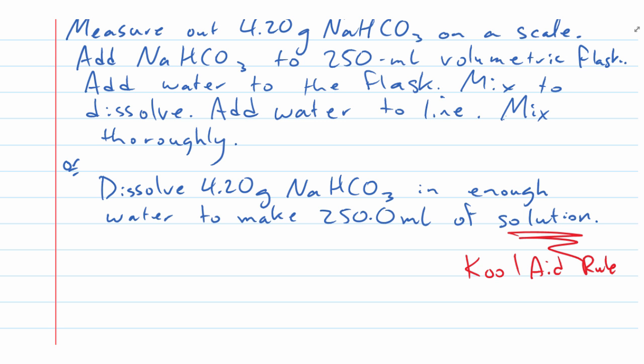The way you make Kool-Aid, if you do it the real old-fashioned way, you get a little package of Kool-Aid, you add your sugar, and then you add your water. So when you add the sugar, you dump in a quart of sugar, you dump in your packet of Kool-Aid, and then you add how much water? To the line. That's right, you add it to the line. And that is, you add enough water to make a total of 2 quarts of Kool-Aid.